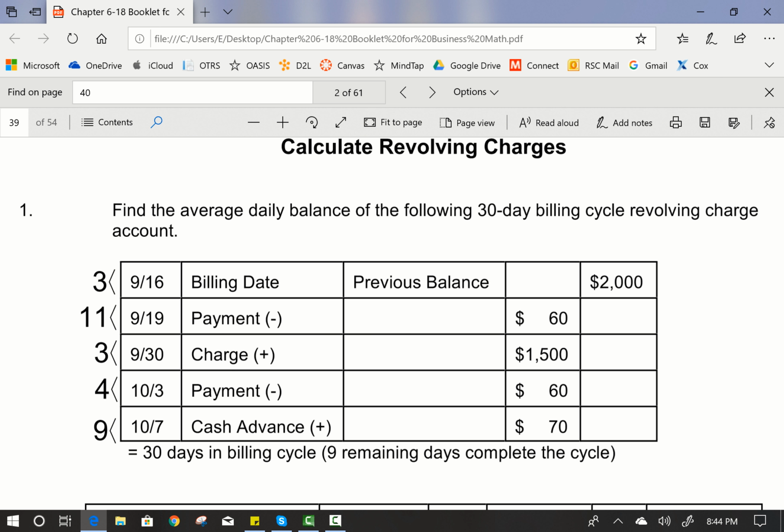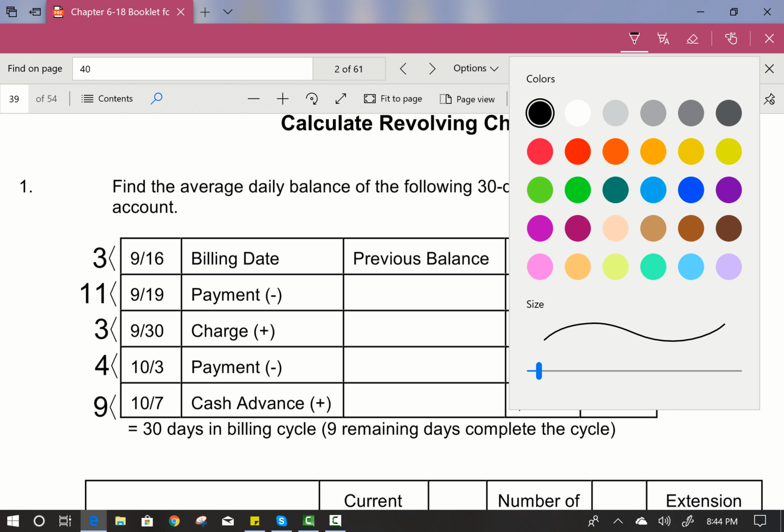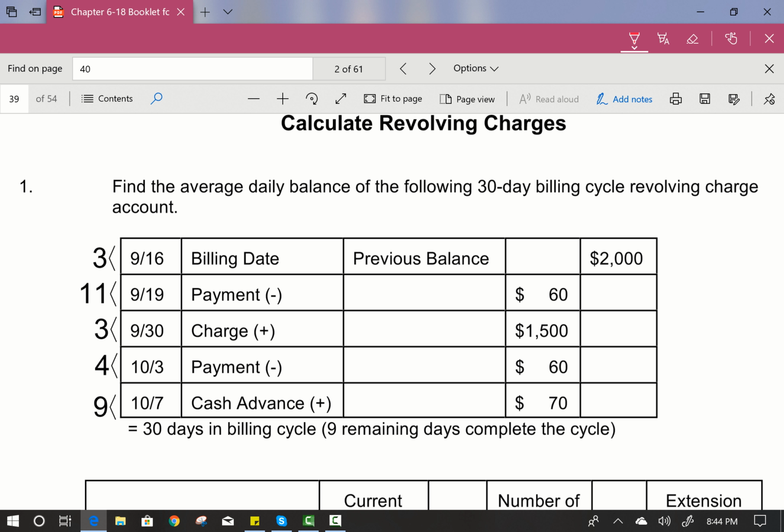Okay, then calculating revolving charges. This particular billing cycle is based on a 30-day billing cycle. What you do is find the number of days between the 16th and the 19th, and that will equal 3 days. The number of days between the 19th and the 30th is 11 days.